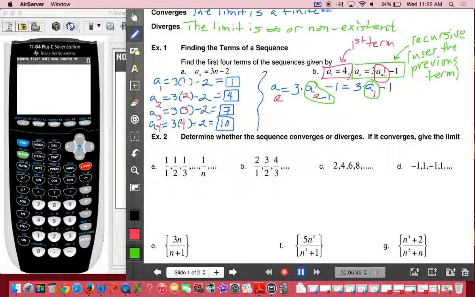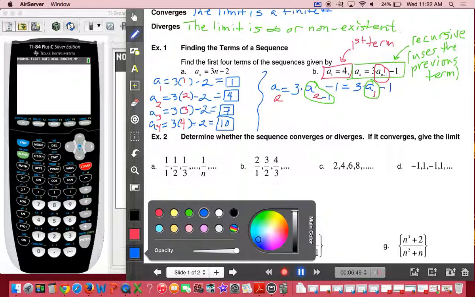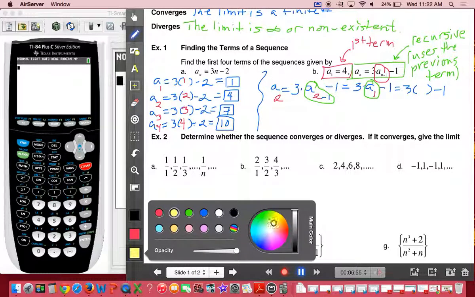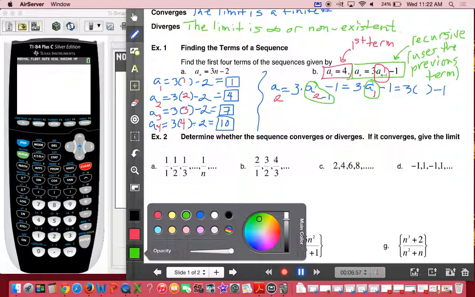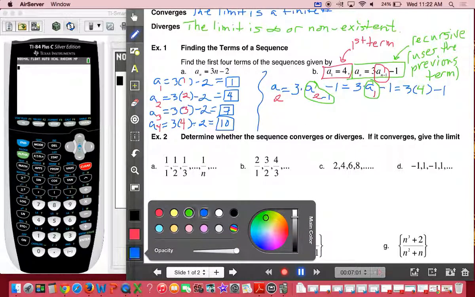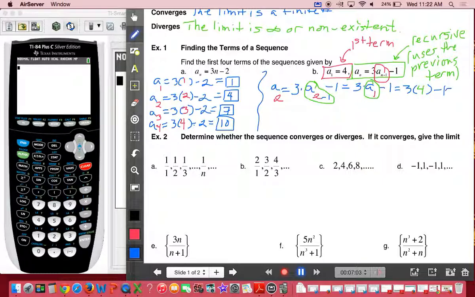What's the value of a sub 1? 4. So we're replacing that. So we really get 3 times 4 minus 1. What does that equal? Yep, that's 11. So that's our second term.